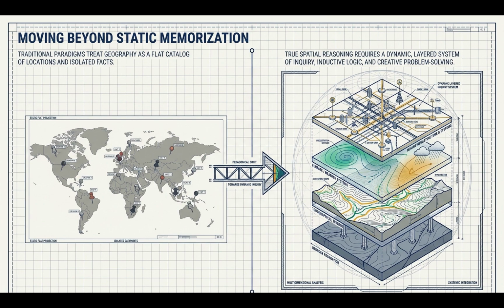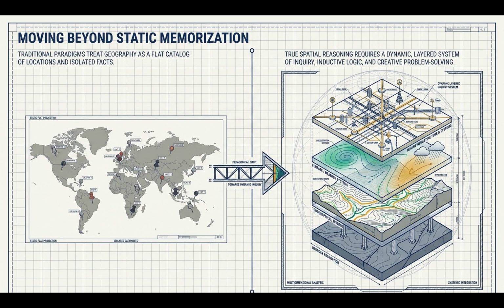Traditional geography teaching often presents geography as a collection of names, locations, definitions, and isolated facts. For example, students may be asked to memorize the name of rivers, mountains, countries, or climate zones without fully understanding the relationships among them.